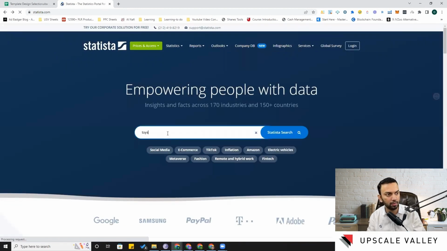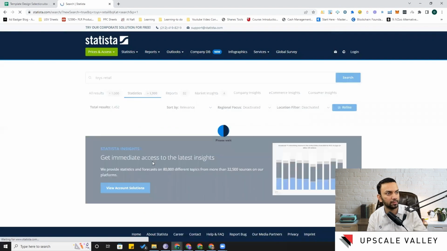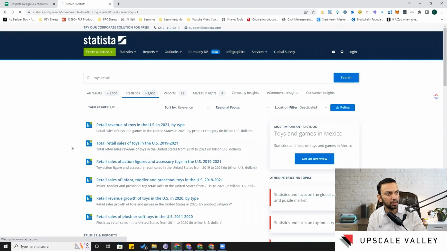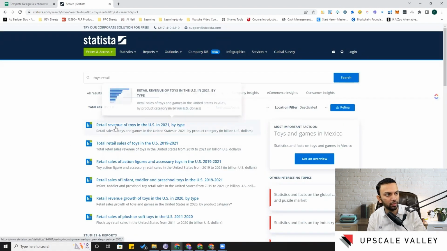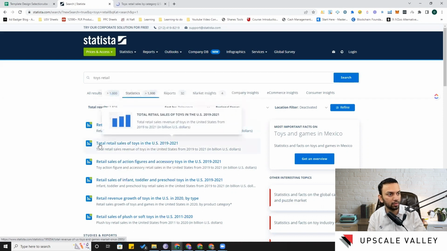Okay, so if I type toys, there is some research around toys retail. If I open this, there are some results: retail revenue of toys in USA in 2021 by type. It may be possible that I can find some value here. Then total retail sales of toys in the USA.